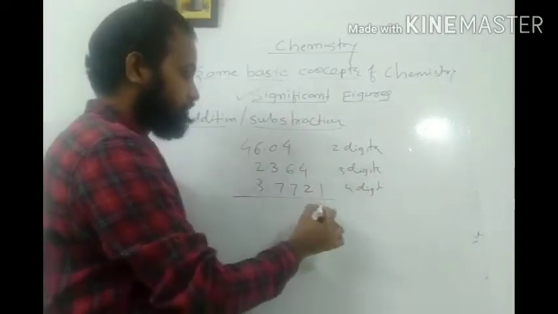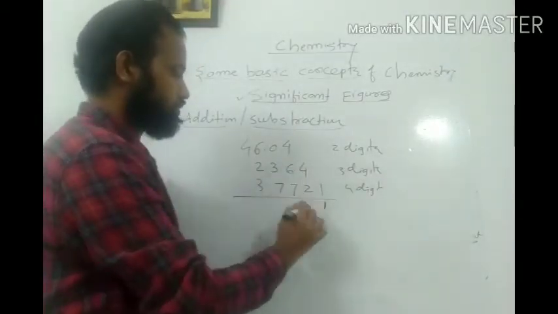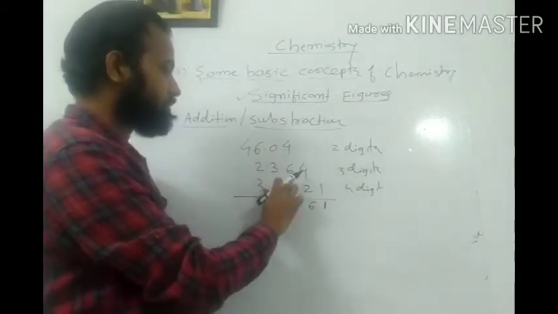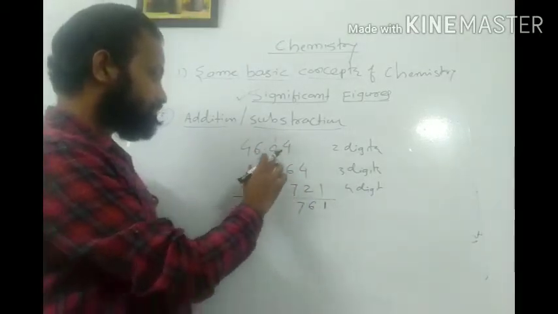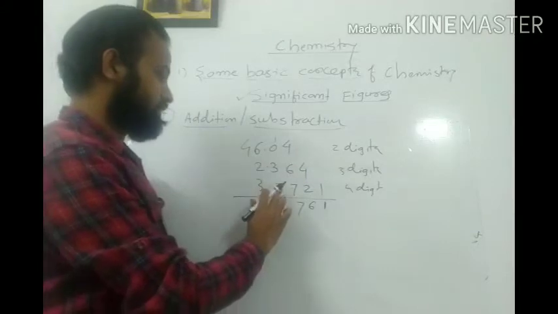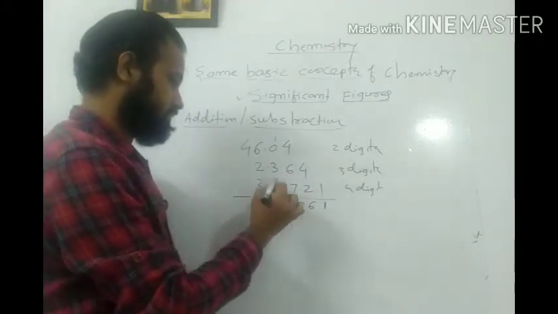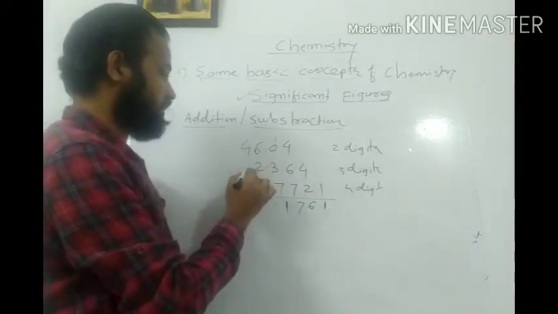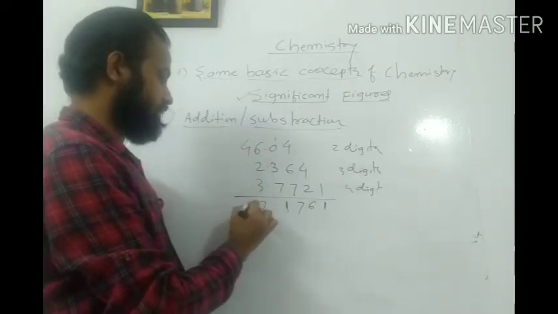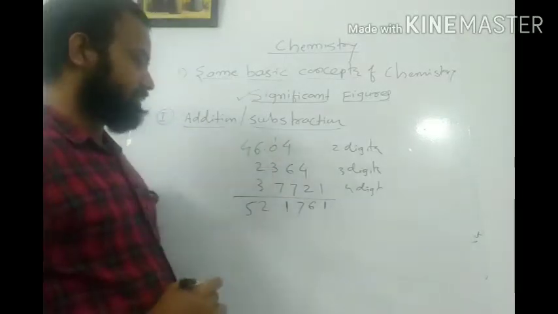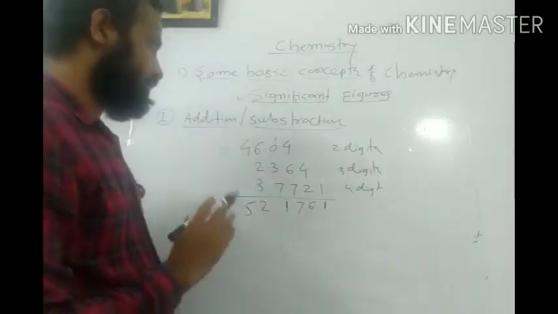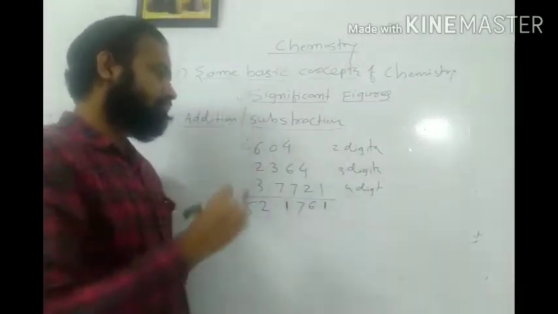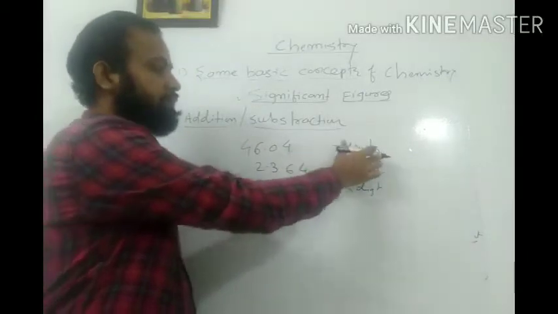First, 1 as it is, 4 plus 2 is 6, 6 plus 4 is 10, 17, 1 is remaining, 3 plus 1 is 4, 4 plus 7 is 11, isn't it? 1 is remaining, 7 plus 2 is 9, 9 plus 3 is 12, 1 is remaining, 52.1761 is your answer.